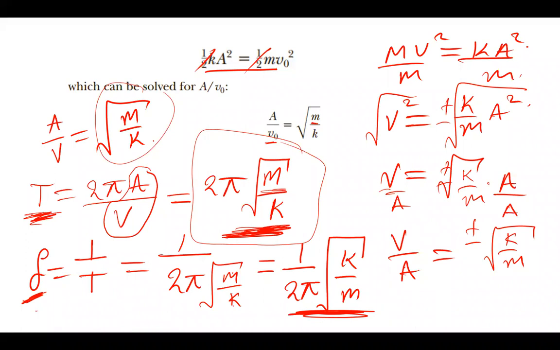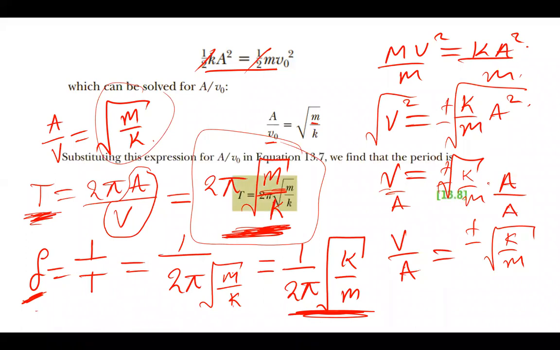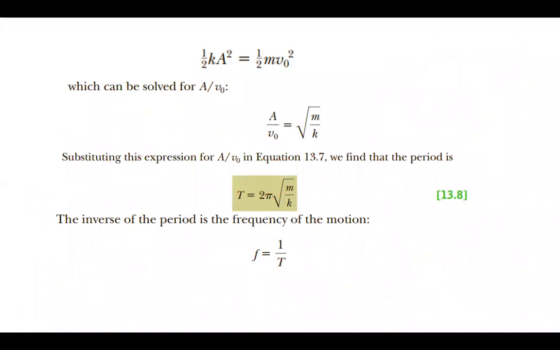From there, we can now proceed and look at the last part, the angular frequency. The angular velocity of any particle that is undergoing circular motion is simply given by 2 pi f.